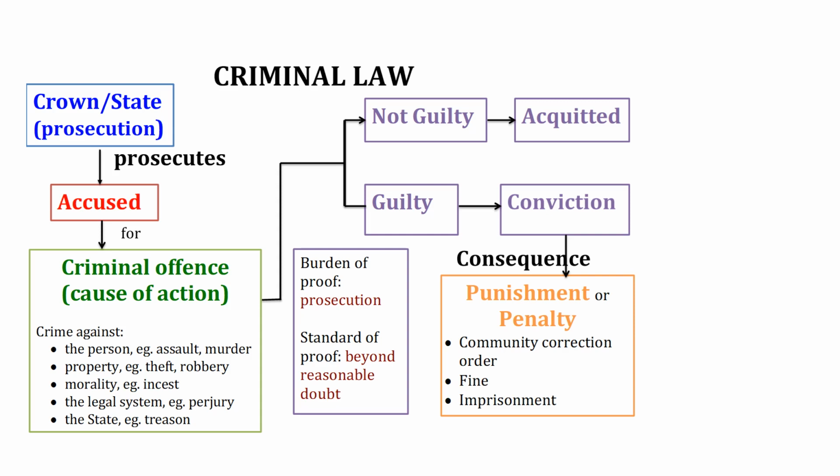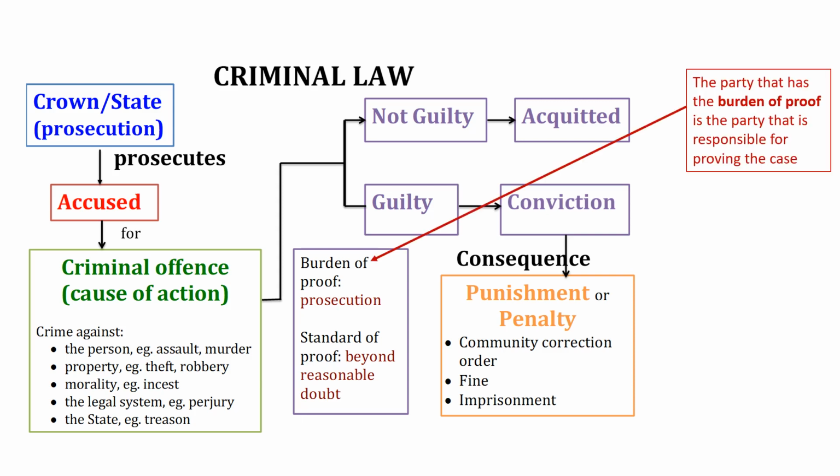It is the prosecution which is responsible for proving that the accused committed the offence. That is, it is the prosecution that has the burden or the onus of proof in a criminal case.